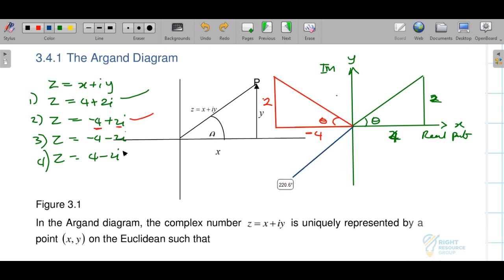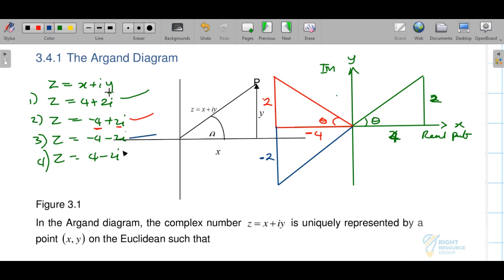So we have this to be minus 4 here, and this is going to be minus 2. In this quadrant, we are going to have it this way. Remember this one was for this representation.